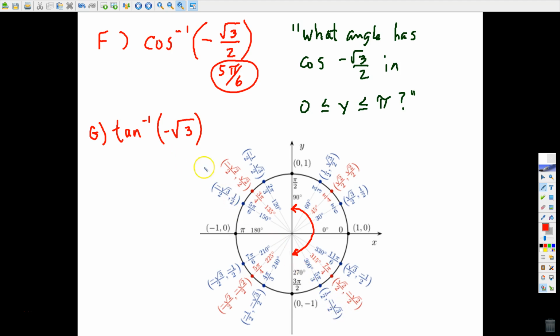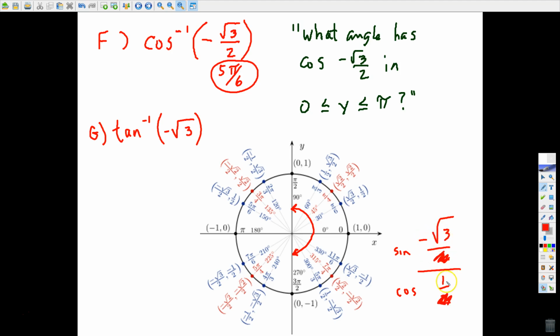And the way to get negative root 3 is if we do negative root 3 over 2 divided by 1 over 2. Remember, tangent is sine over cosine, or y over x. And something to remember with these complex fractions, if the denominators are the same, you can basically just cancel them.